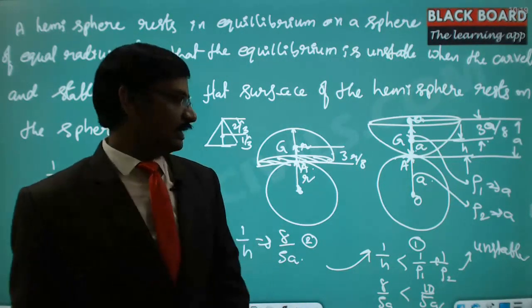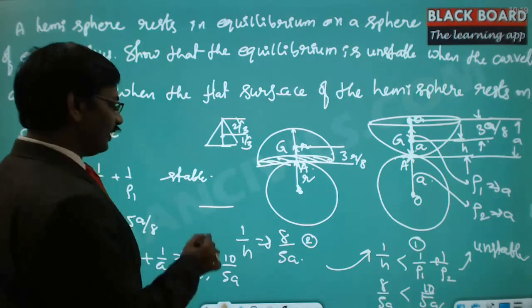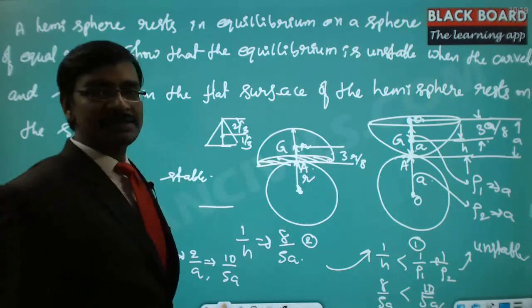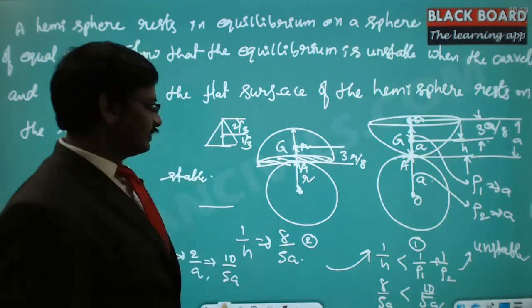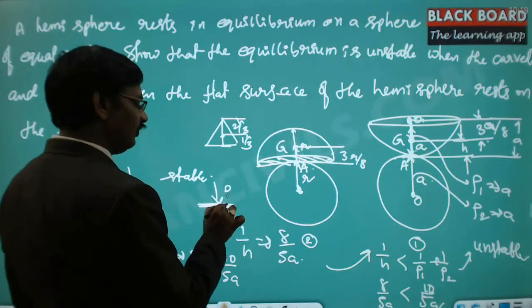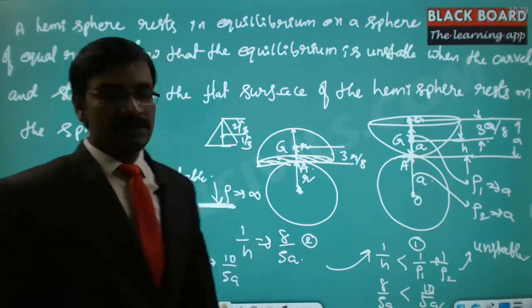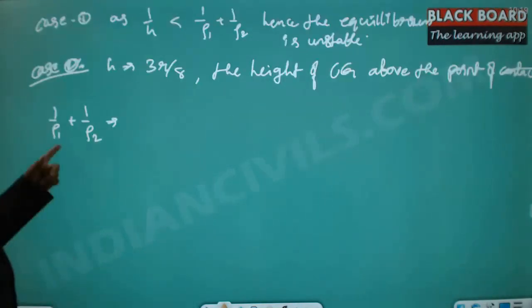So any straight line is part of a bigger circle of infinite radius. Hence, whenever there is a straight line, the radius of curvature is equal to infinite. You have to remember that, right? So here rho 1 is infinite.